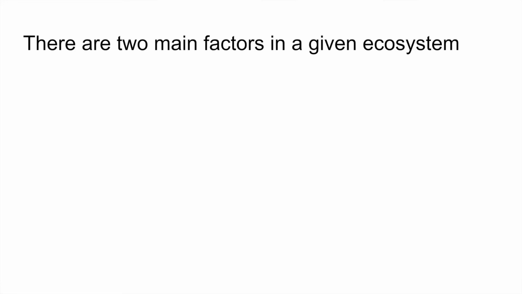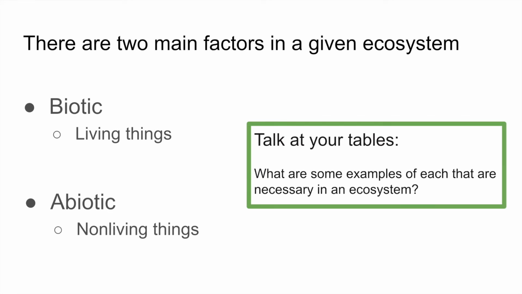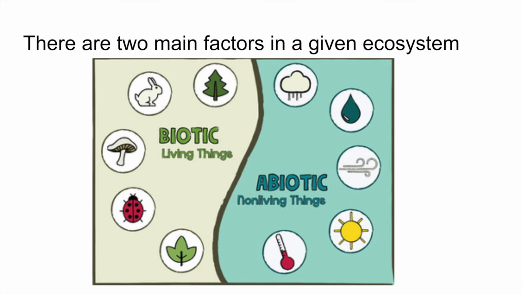Now, there are two main factors in any ecosystem: biotic factors, which are things that are living, and abiotic things, which are non-living. What are some examples of each type of factor that are necessary in an ecosystem? There are two main factors, the biotic and the abiotic.